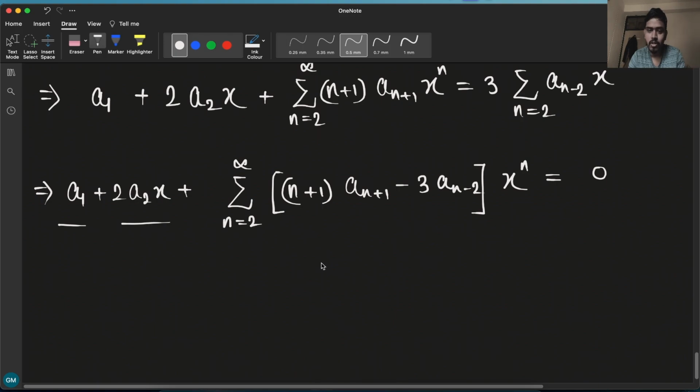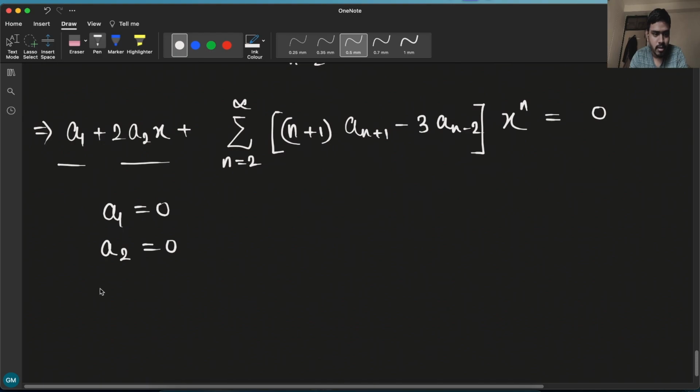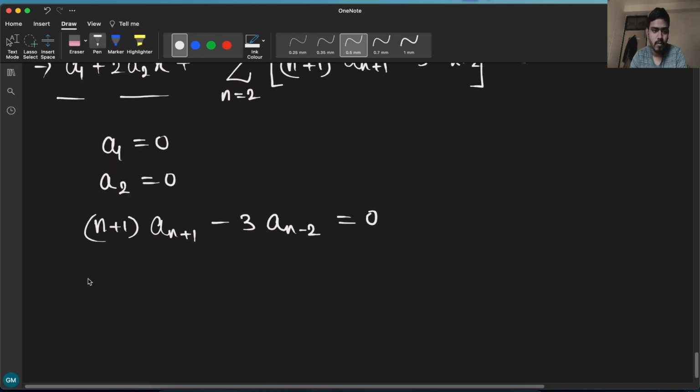Using the theorem I stated in the beginning, I can write a1 equals 0, a2 equals 0, and (n plus 1) a(n plus 1) minus 3 times a(n minus 2) equals 0. So this will give us the recurrence relation, which is a(n plus 1) equals 3 divided by (n plus 1) times a(n minus 2).